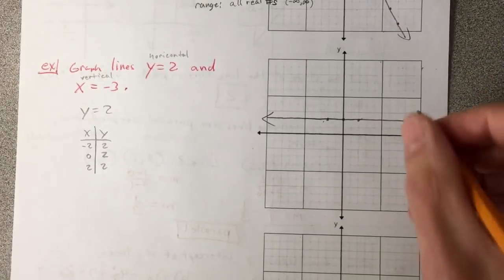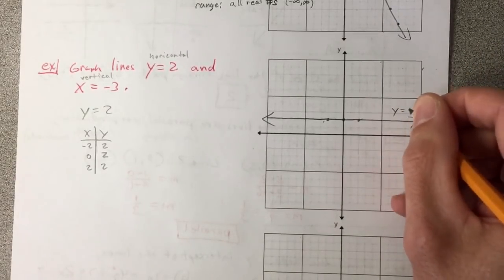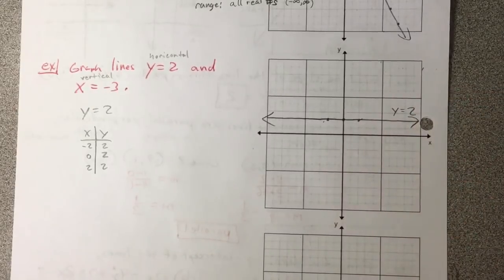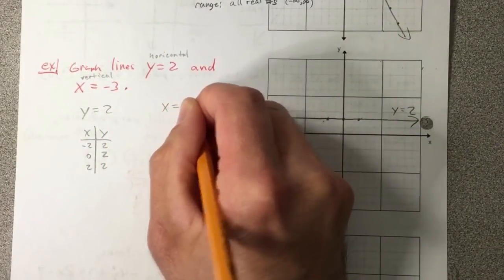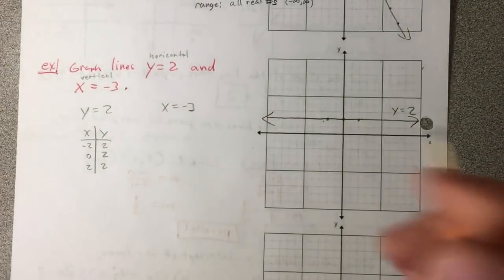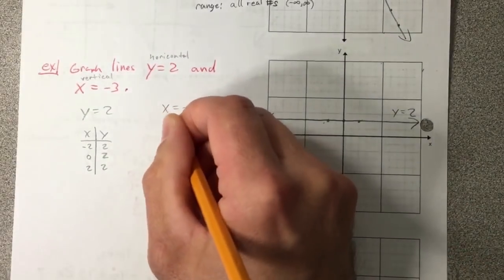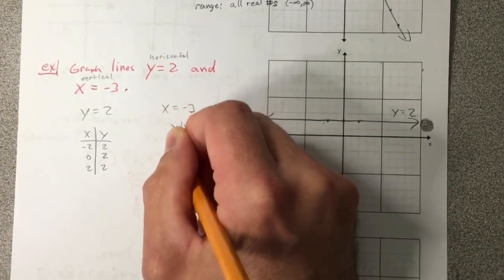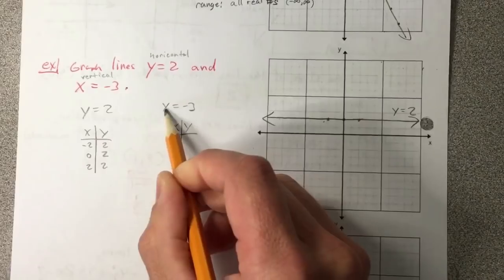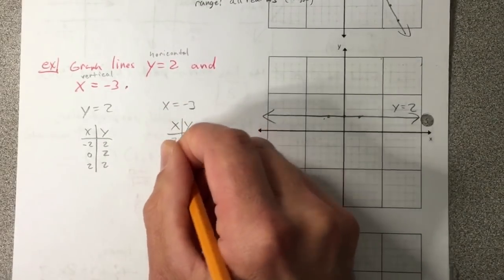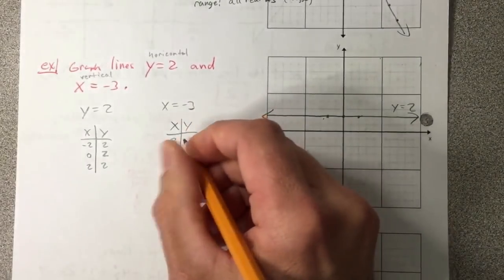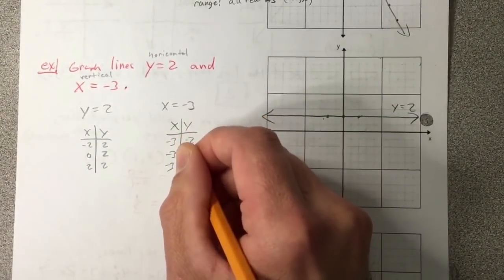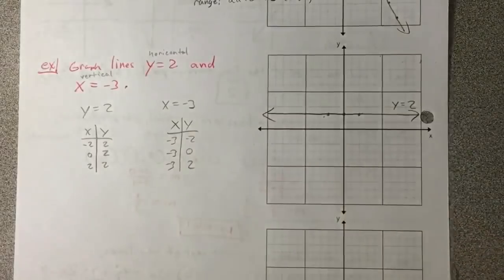Let's go ahead and label this because we're going to have 2 graphs. So let's write y equals 2 and label that graph. And then again, if you go to x equals -3 and you can't remember which one that is, horizontal or vertical, make a little table of values. What's x mandated to be? It's got to be -3. But y can be anything you want it to be. It could be -2, 0, 2, doesn't matter.